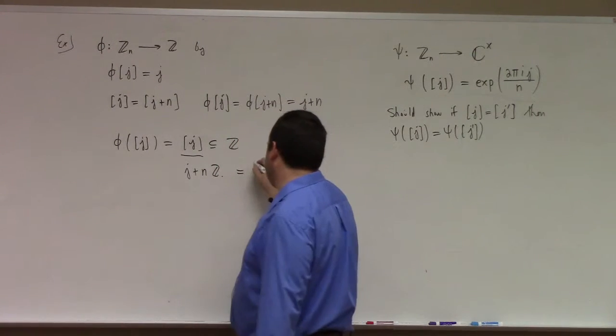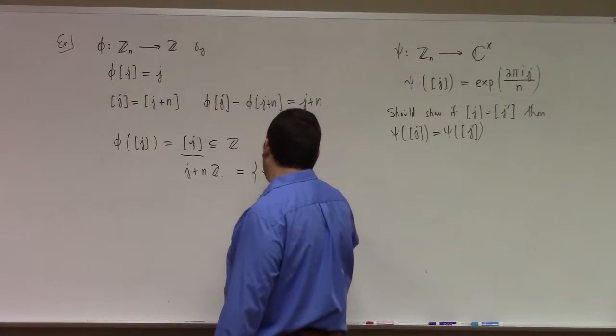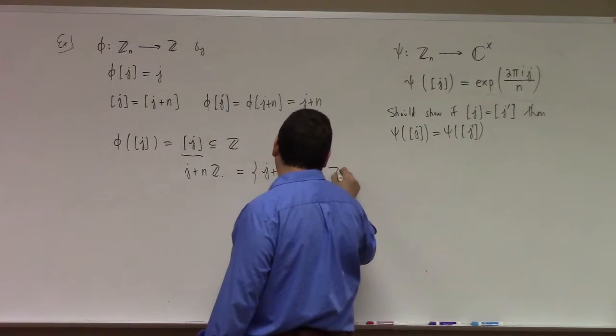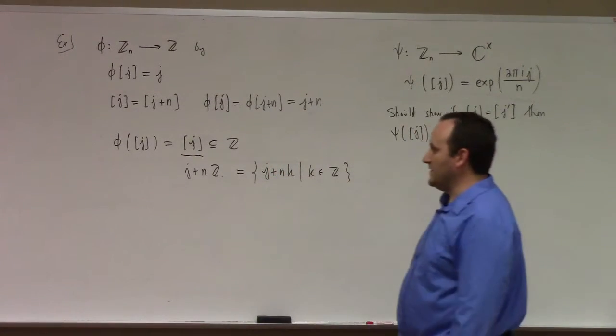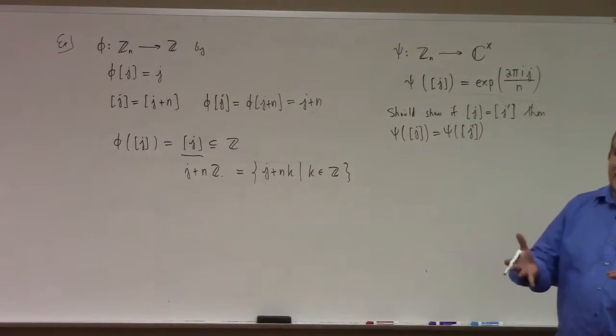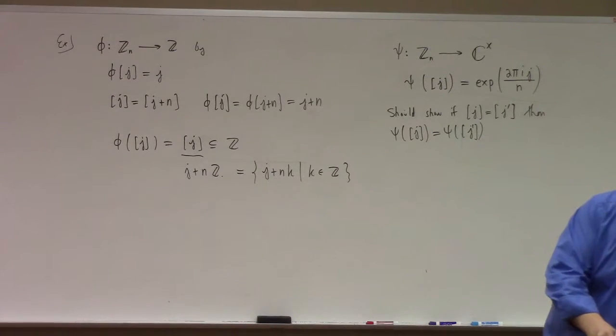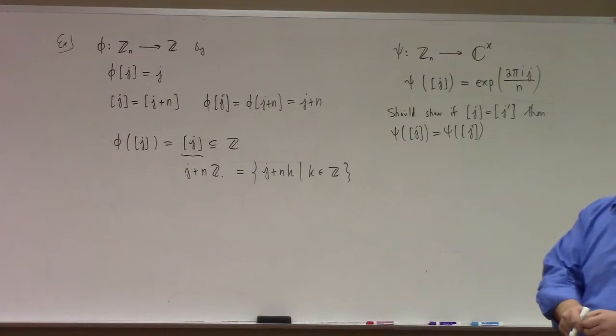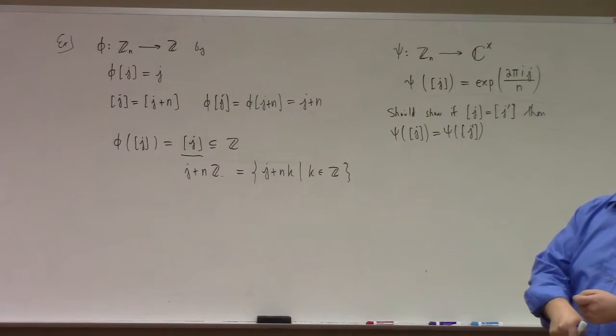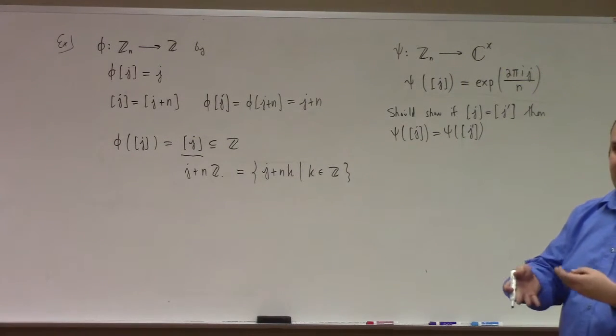It's the set j plus n times k such that k is an integer, if you want me to be more precise. That's the image of a single element in the domain. This is not a function because the formula depends on the representative.